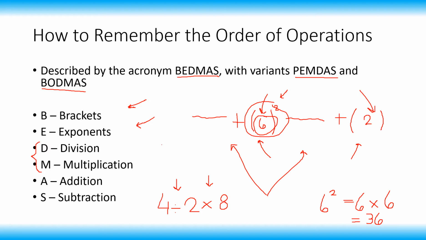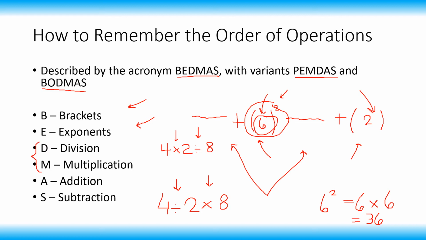On the flip side, if you had the multiplication showing up first, so if you had 4 times 2 divided by 8, then start with the multiplication because it shows up first when you start at the left. When you have an answer to that, then go ahead and do this division and divide by 8.